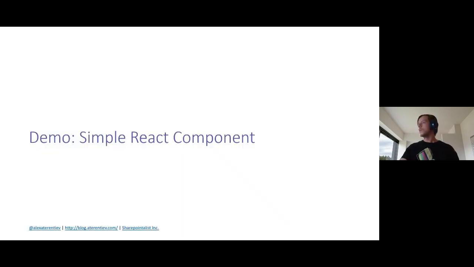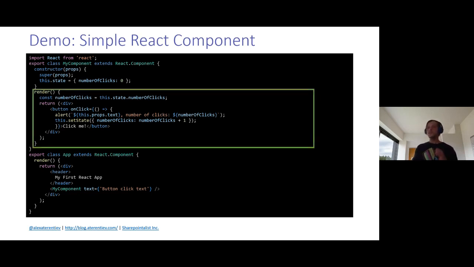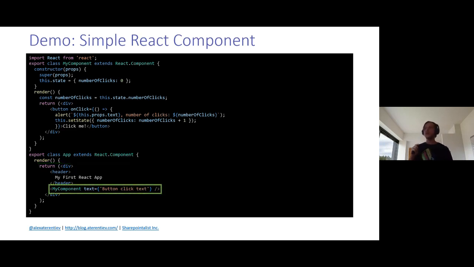So let me go back to the presentation, and here I have the same code on this slide that I just showed you in Visual Studio Code. Here we have all the principles we just discussed. First of all, the markup is returned from the render method of the component. Next, we use lowercase text for default HTML components like div and header, and mixed case text for custom components.